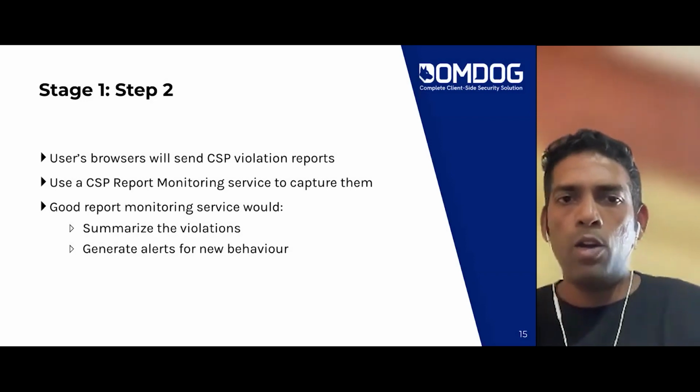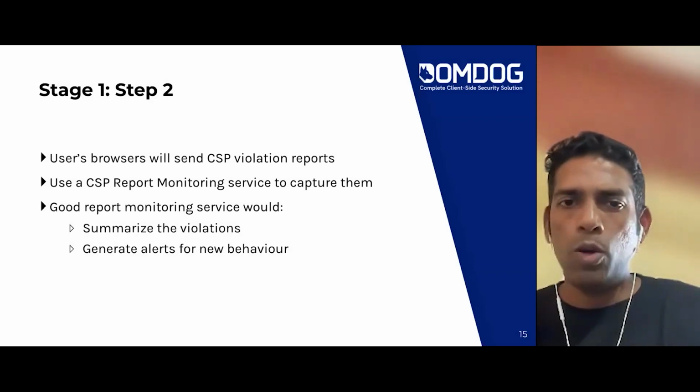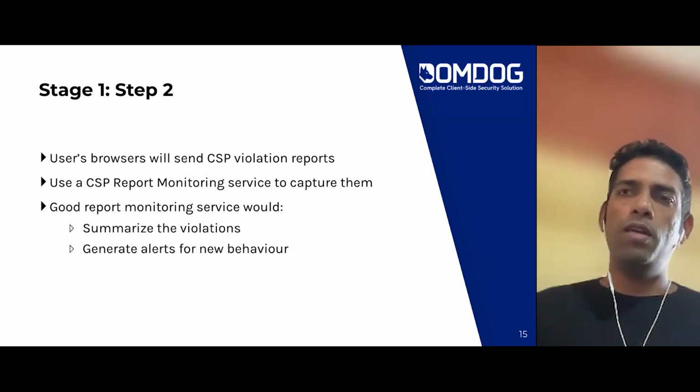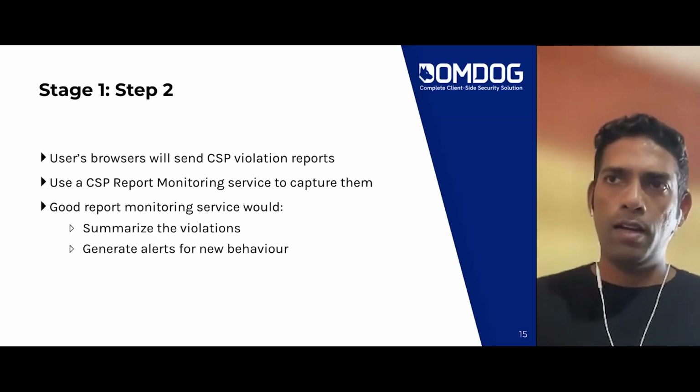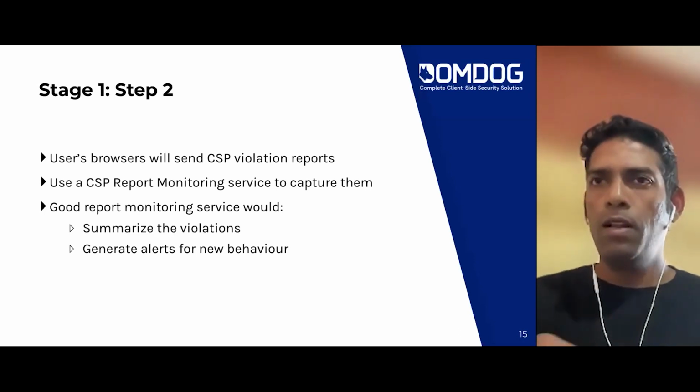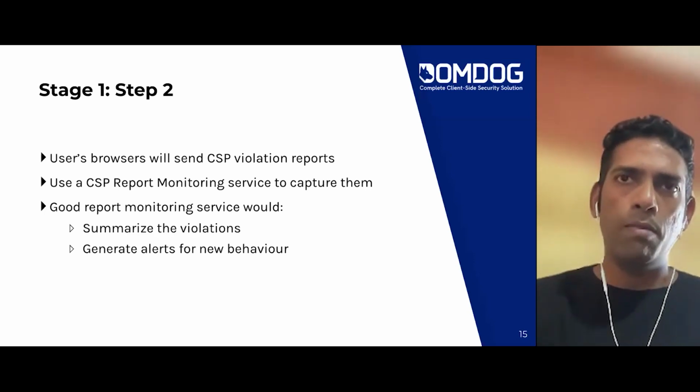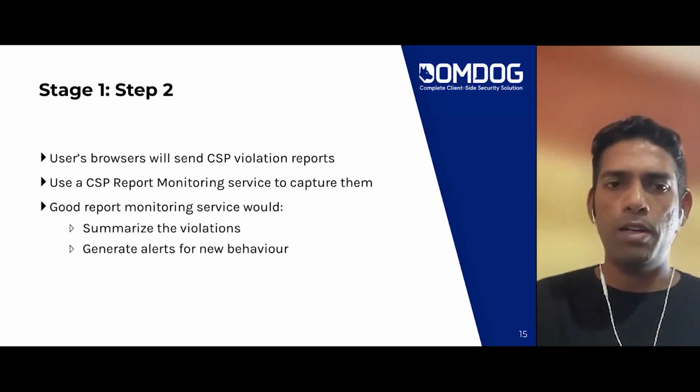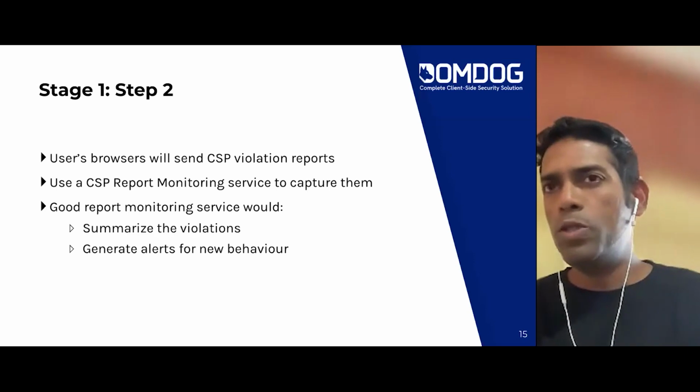So a good report monitoring service should be able to look at all the reports that you get, like all the raw data, and then put it in a very easily consumable manner, so that it's a very easy summary for you. And then it should also be able to generate alerts for you.